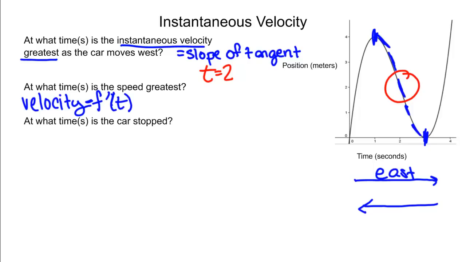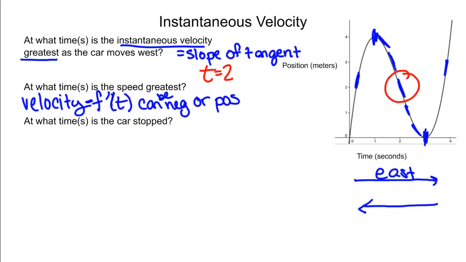And that can be negative or positive. See, we had positive velocity, positive slope, then negative slope, then positive slope. So our velocity was positive, then negative, then positive.